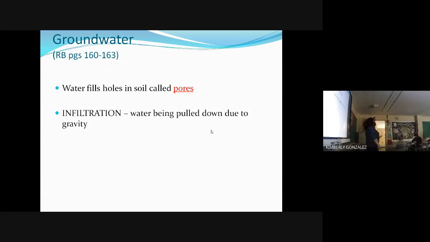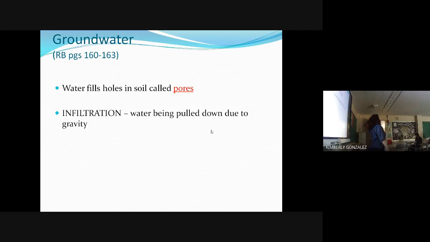On that water cycle picture that I showed you, one of the words that you didn't really know yet was infiltration. This is the process in which water gets pulled down into the ground. This is the actual name of the process.